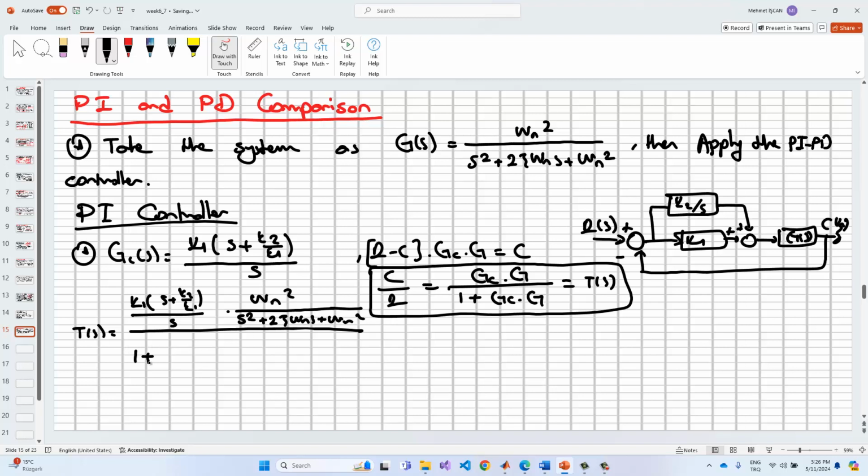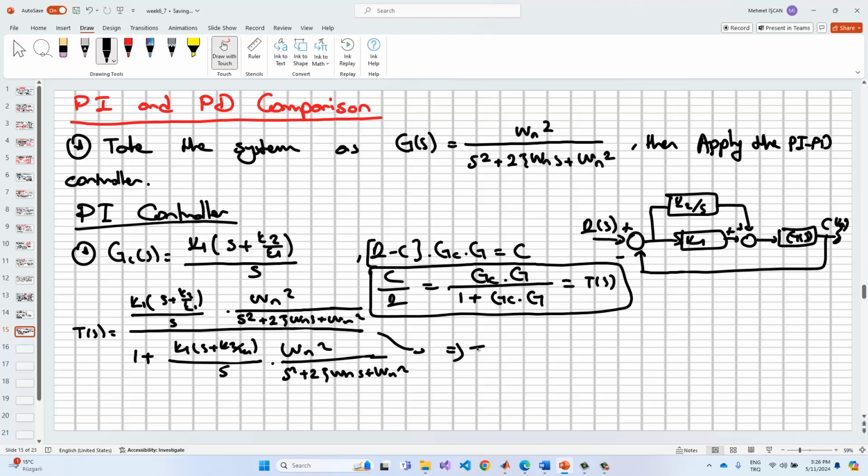And also we need to add the 1 plus K1 (s plus K2 divided by K1) divided by s times omega_n squared divided by s squared plus 2 zeta omega_n s plus omega_n squared. Okay, these are the basic form.